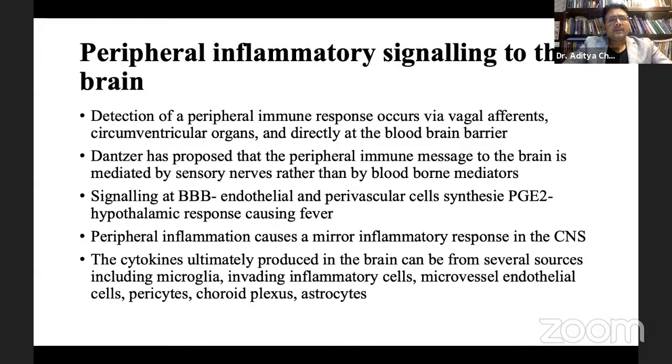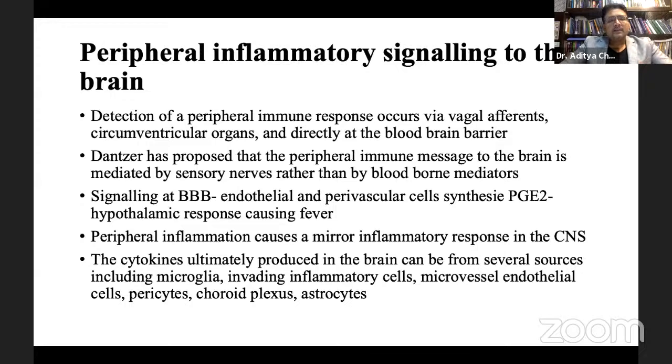There's a detection of peripheral immune response, and this occurs specifically via vagal afferent circumventricular organs, and directly they signal at the blood-brain barrier. There was a scientist from Philadelphia who had proposed that the peripheral immune message to the brain is mediated primarily by the sensory nerves rather than by blood-borne mediators.